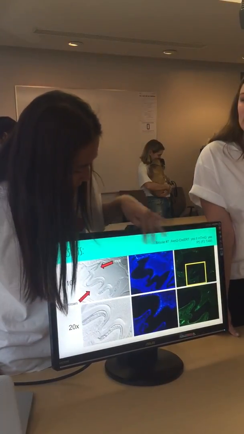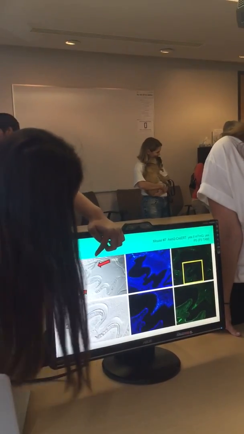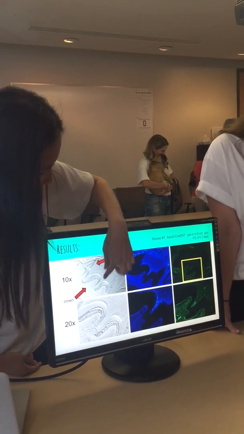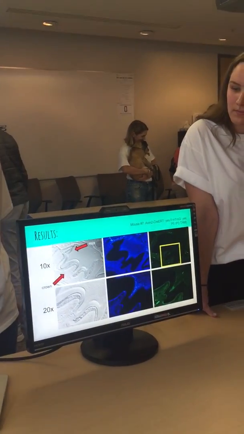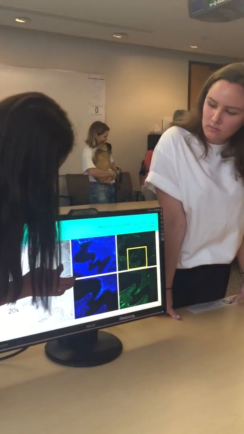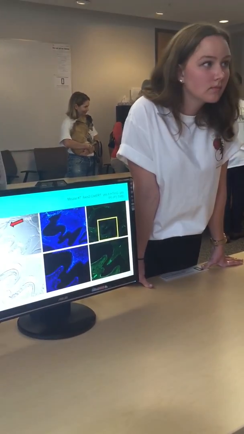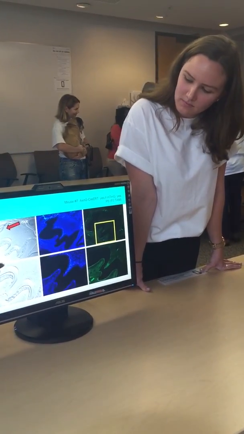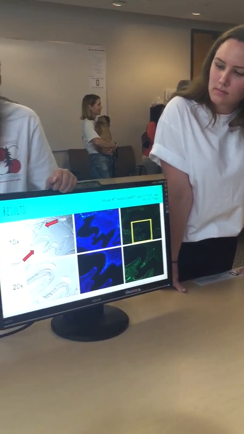As you remember, this is just a normal microscopic picture, and this just shows the morphology of the tooth, and this is a DAPI picture. Point out where the tooth actually is. Like this, that whole thing is the tooth. This is the crown, and this is the root.